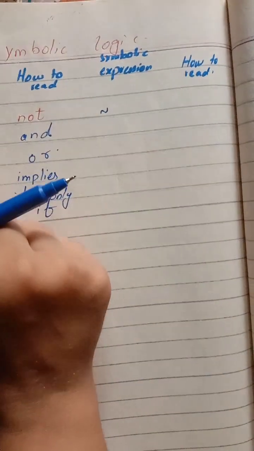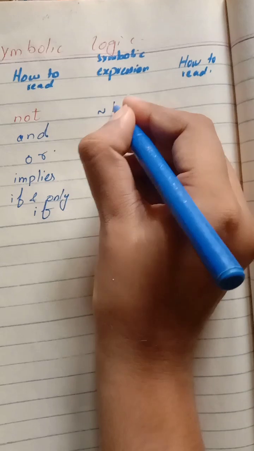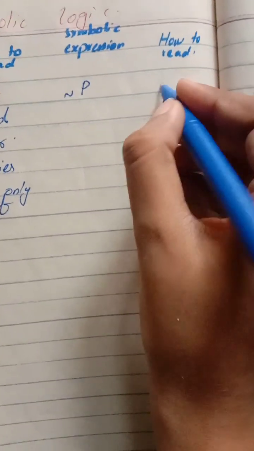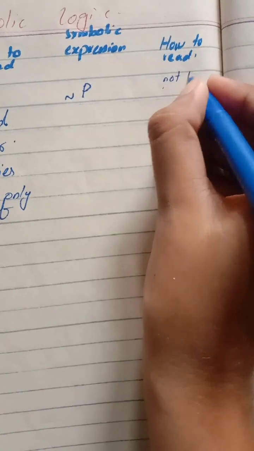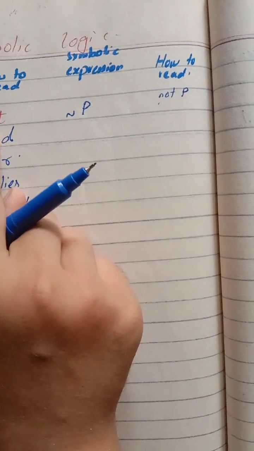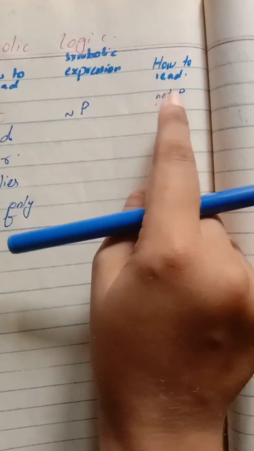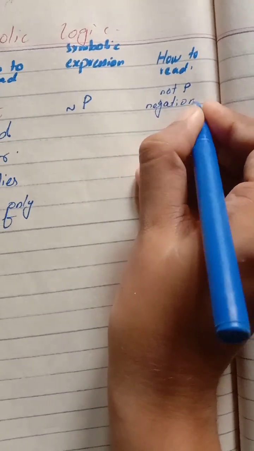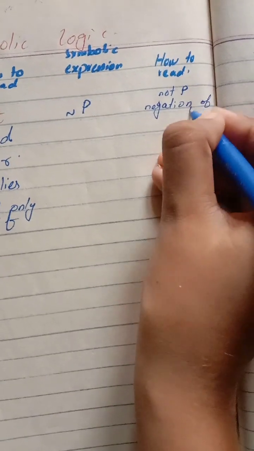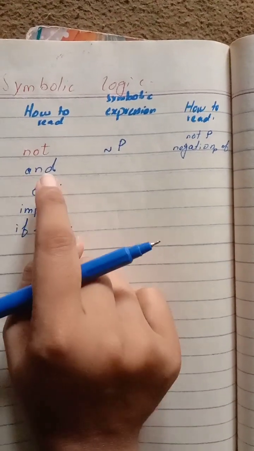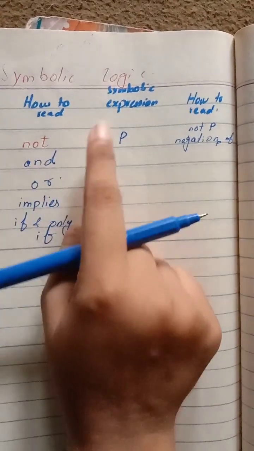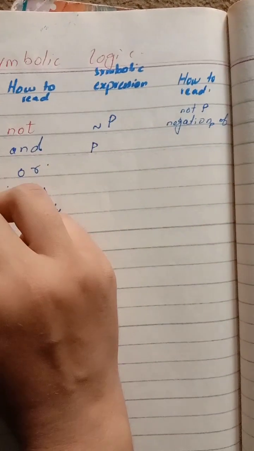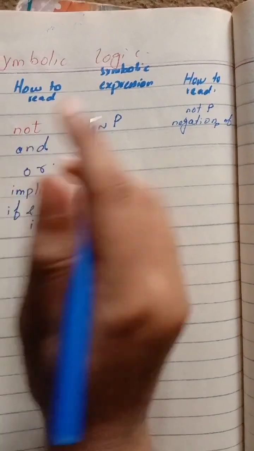Now I will tell you the symbolic expressions. Firstly, the symbolic expression of not: let P, we read this as not P, because this is the symbol of not, and this is not P or negation of P. And the symbol of and should be between two propositions.